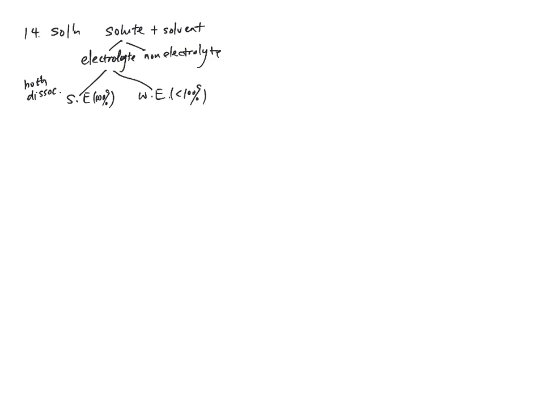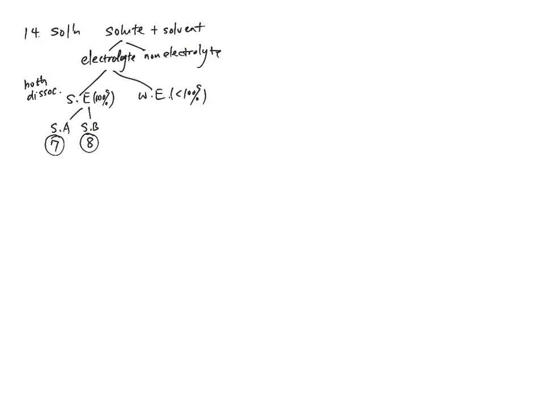And what kind of things are strong electrolytes? You have strong acids. You have 7 of them. Make sure you know them. Strong bases: you have 8 of them. What are they? 5 in group 1A, lithium all the way to cesium, and then 3 more in group 2A: calcium, strontium, barium.